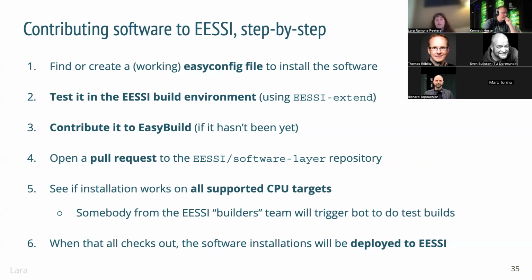And then, if you have the rights to build, you can start the build yourself. Otherwise, one of our builders and people with the right rights can start submitting the builds to all the CPU targets. When all that checks out, the build succeeds on all the CPU targets, and the EESSI build PR is merged, then we can also deploy the software in EESSI.